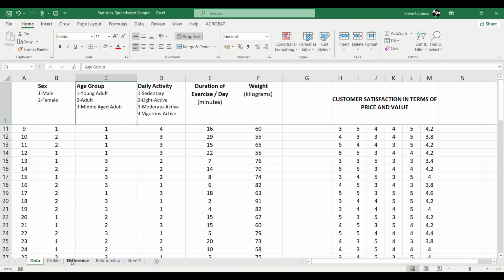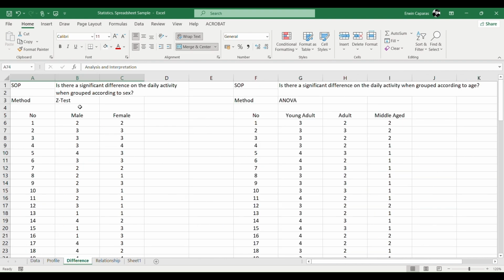So let us start with the sex. Since we are talking about two variables, the responses of male and female, it will just be a choice between t-test and z-test. We will be using t-test if the respondents are less than 30, but if it is 30 or more, then we will be using z-test.